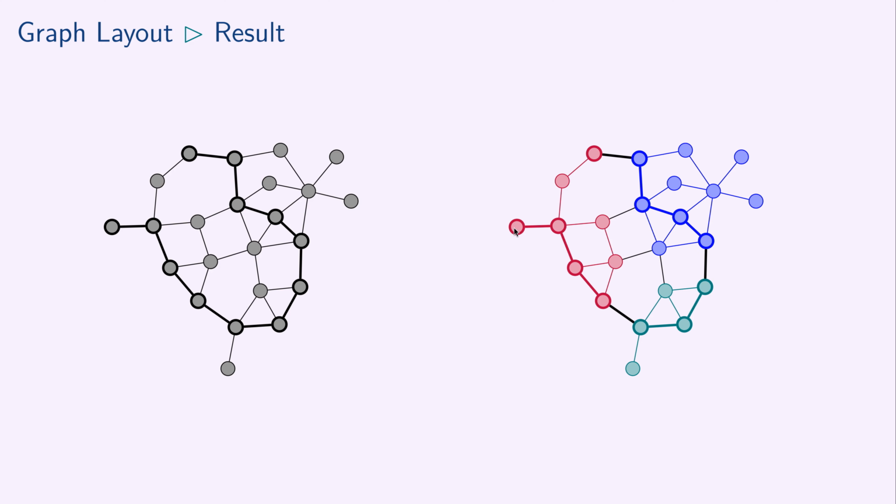So we start here, we transition within one machine, then we cross a network, go through a few nodes on the next machine, cross a network, go through some more nodes on a new machine, and then cross a network back to the first machine where we match this node. That is how this particular path translates to the graph that is mapped to a distributed system, a specific distributed system.